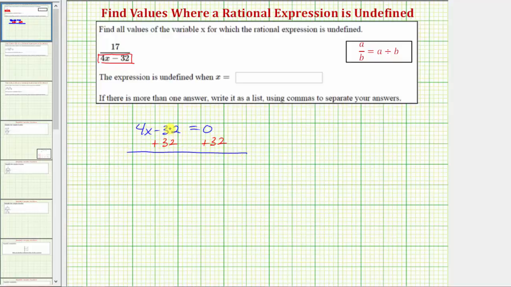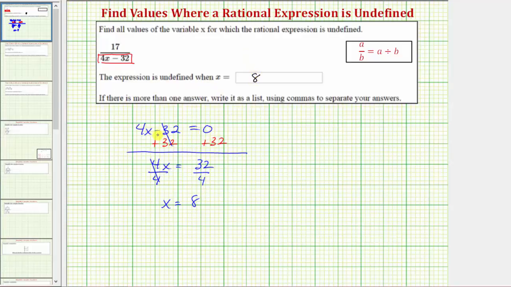Simplifying, negative 32 plus 32 is 0, so we have 4x equals 32. To solve for x, we divide both sides by 4. And we have x equals 8, which means we would have division by 0 when x equals 8, and therefore the expression is undefined when x equals 8.